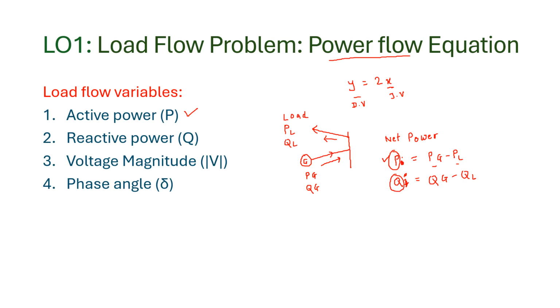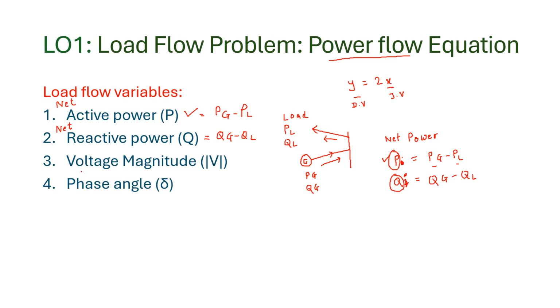It is to be understood that, loosely speaking, I have written it as active power, but specifically it is a net active power injected into the system. Similarly, the second variable is net reactive power injected into the system, which is actually Qg minus QL, and net active power is equal to Pg minus PL.